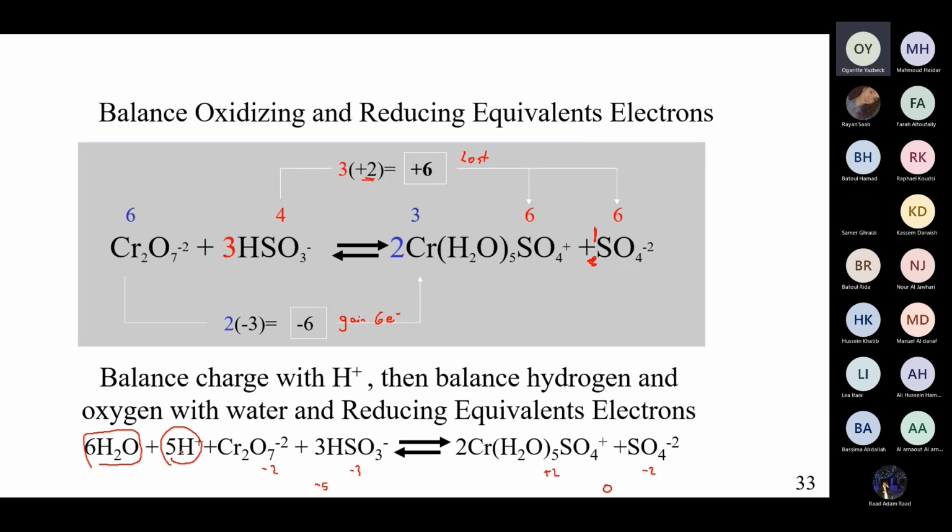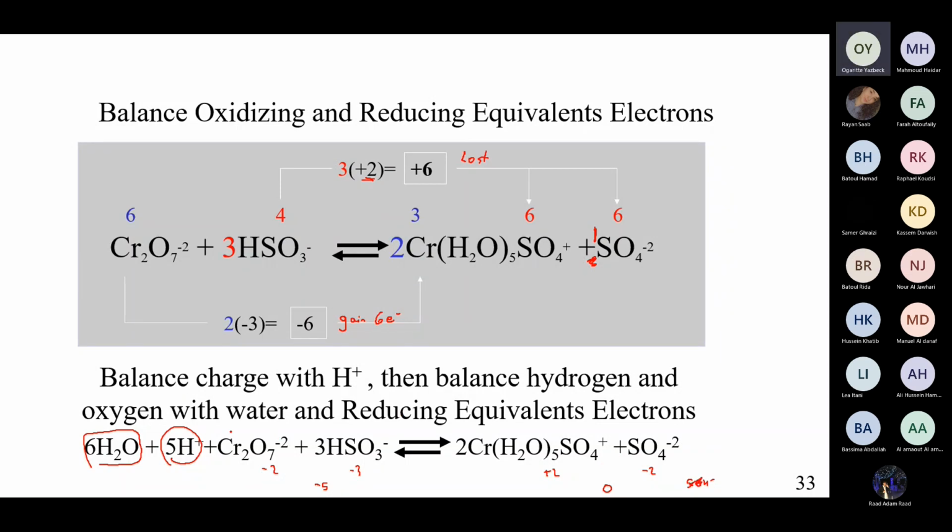So I should add 5 H plus to balance the charge. That's in acidic medium. If in basic medium, I would have to use OH minus to balance the charge, so I would have added 5 OH minus on this end.